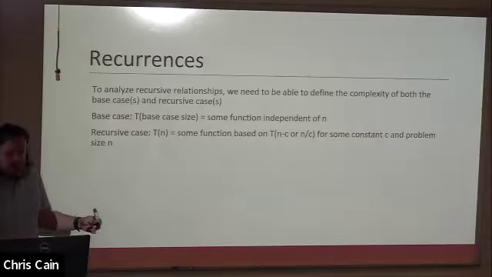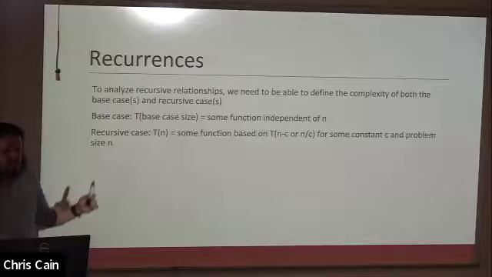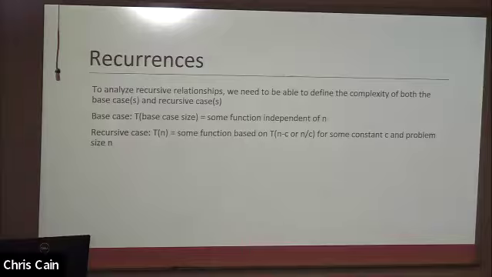Whereas in our line example, that's more of an n minus c because every time we call the next iteration of that recursive function, the size of the line of that query is 1 less. When the person in front of me asks the person in front of them, the answer is going to be 1 less than it was. We're not dividing the problem in half, we're taking 1 from the size of the problem.